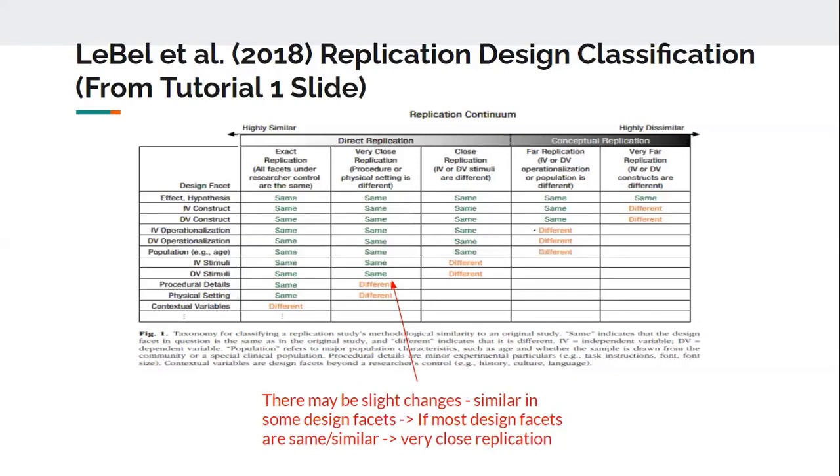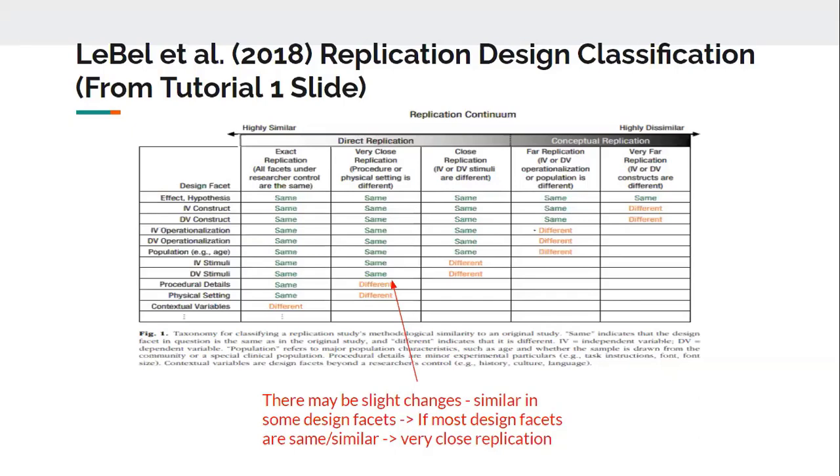So you have three options: same, similar, or different. If most of the design phases are the same or similar, with maybe two being different, such as procedure details, physical setting, or contextual variables, or design phases that are beyond the experimental control, like language and time, for sure we control that, then this is still a very close replication.